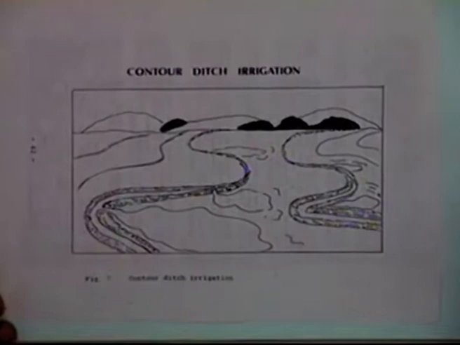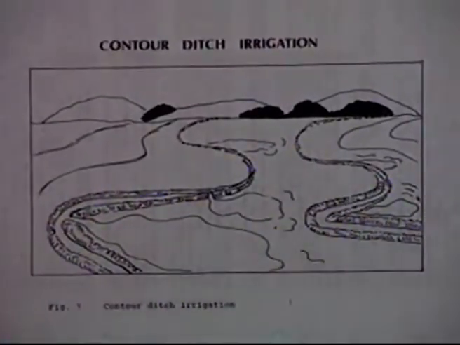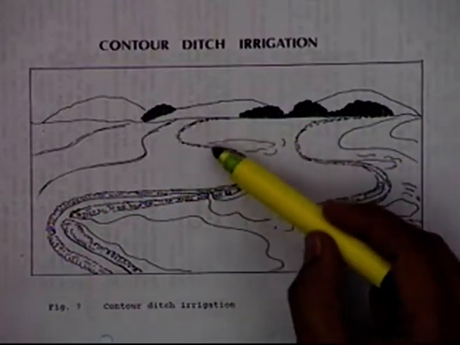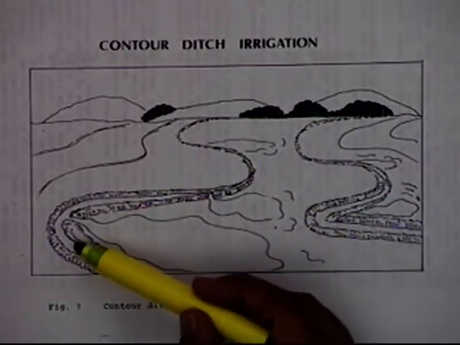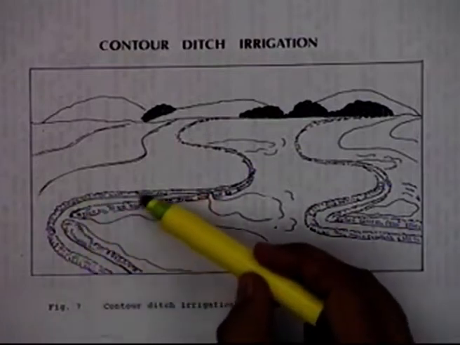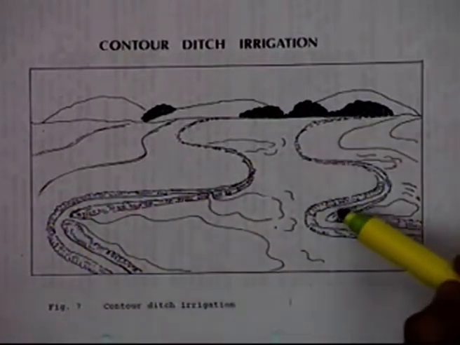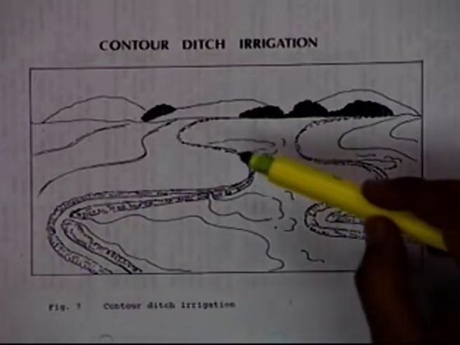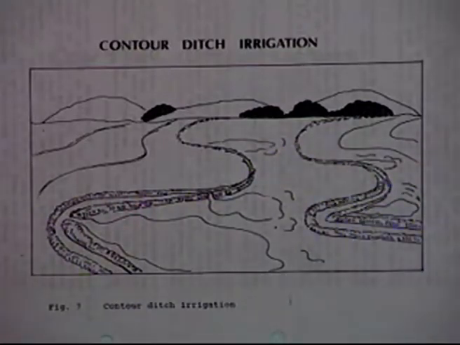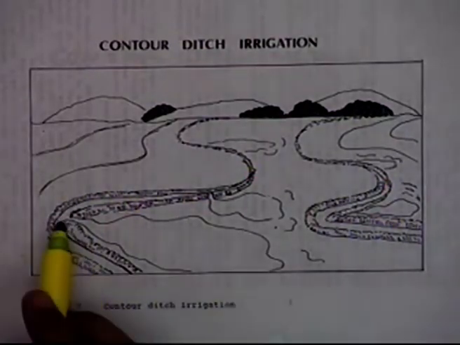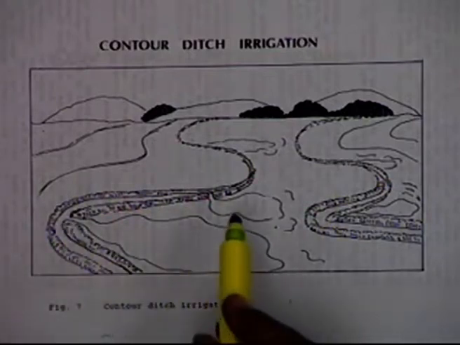Now, this is the figure of a contour ditch irrigation method. You can see here there are two ditches, this is one ditch, this is another ditch. So what you have done is that you have laid the ditches. The size of the ditch can also vary depending on how much stream size you want to use.